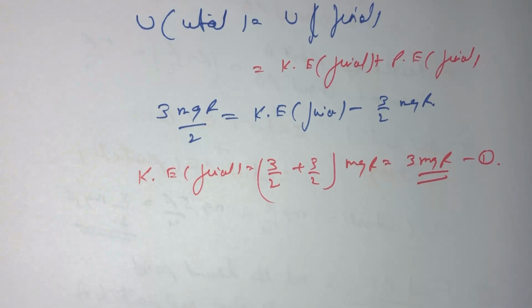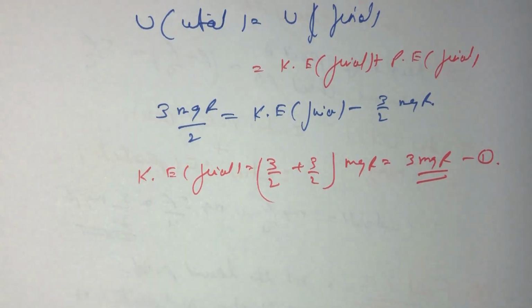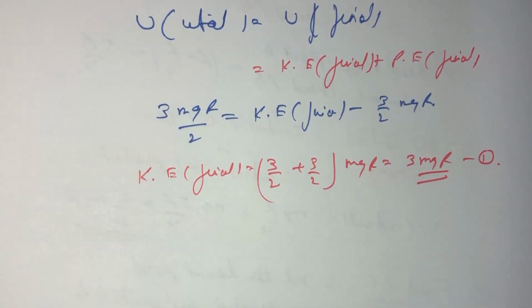Now we are going to find out, because this final kinetic energy is generated by the rotation as the disk rotates, and along with the disk the particle is also moving.